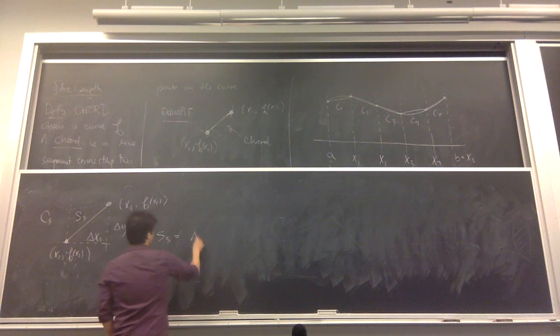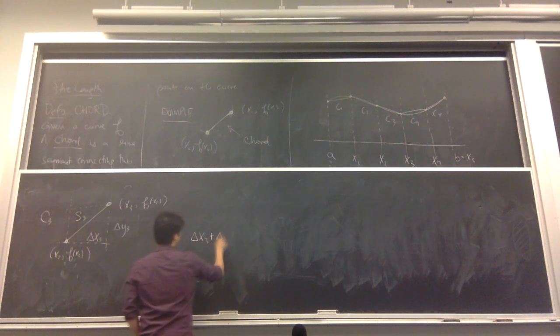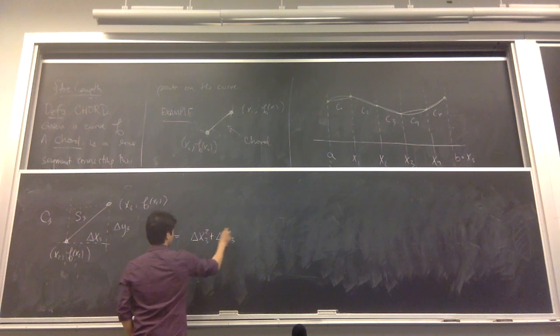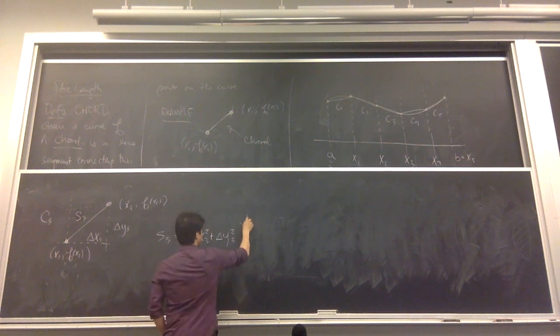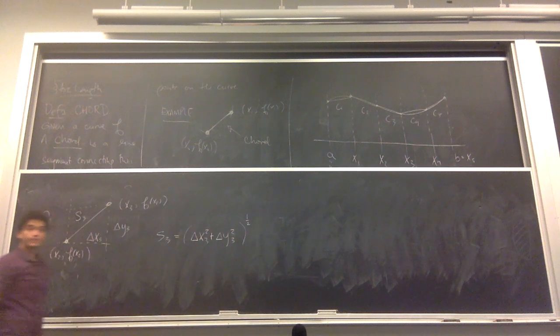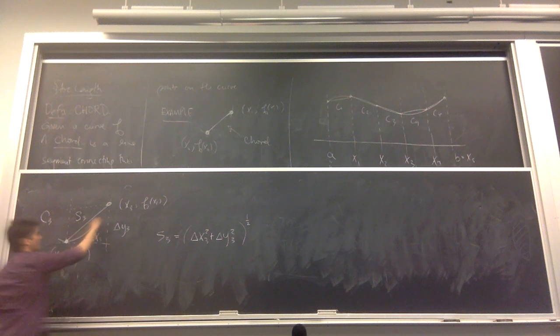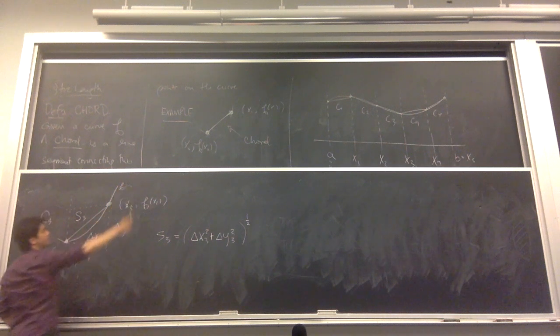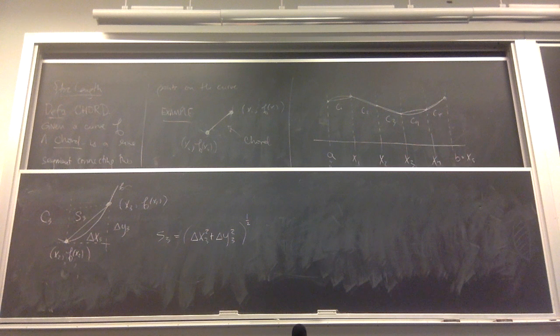It's going to be the square root of the sum of squares. Agree? Okay. But remember, we have a curve going through here, F. It's a chord. That's why I insisted on using this terminology, because the fact that we have a function is important.